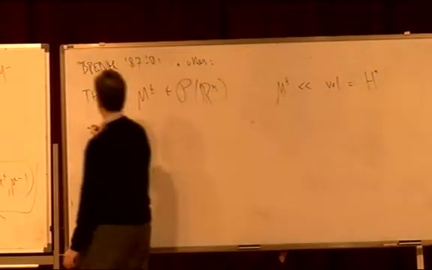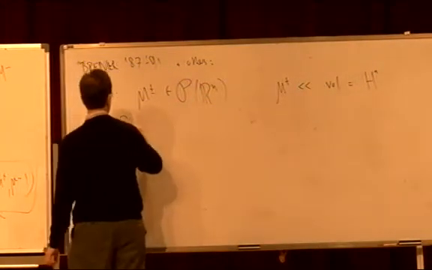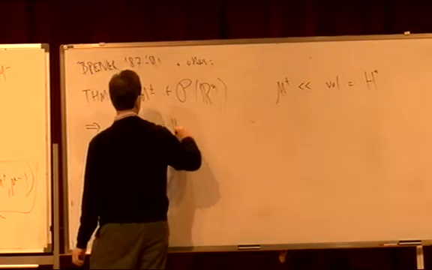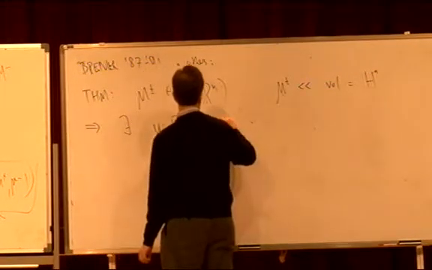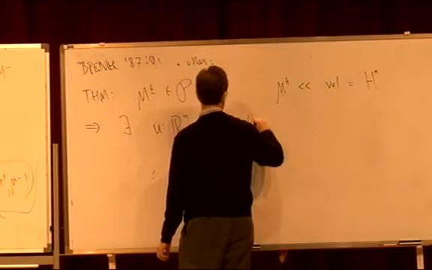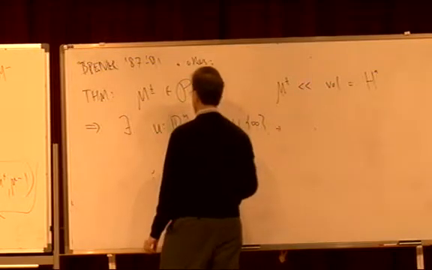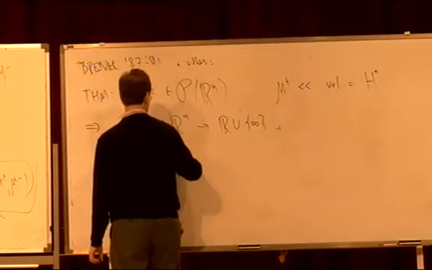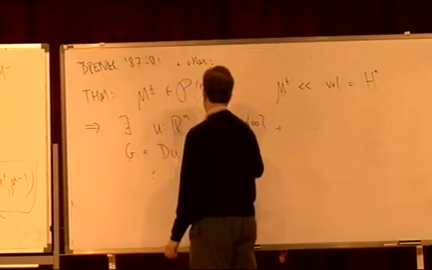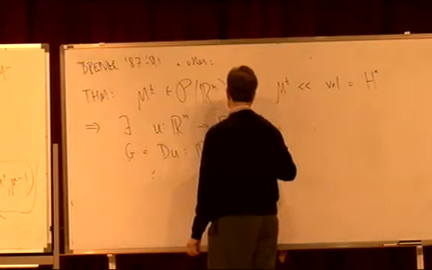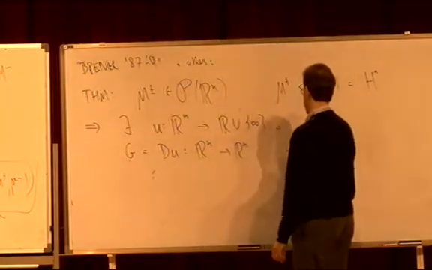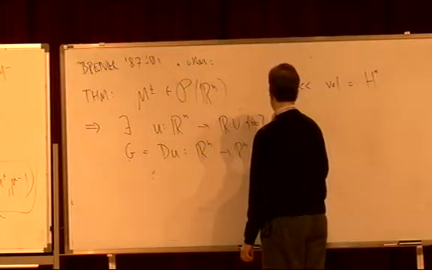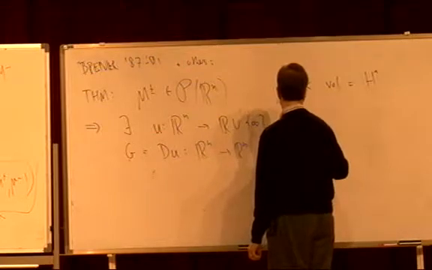Then there exists a convex function u on Rn such that the derivative of u, viewed as a map from Rn to itself, pushes mu plus forward to mu minus.